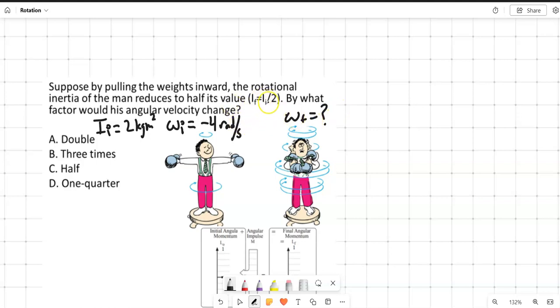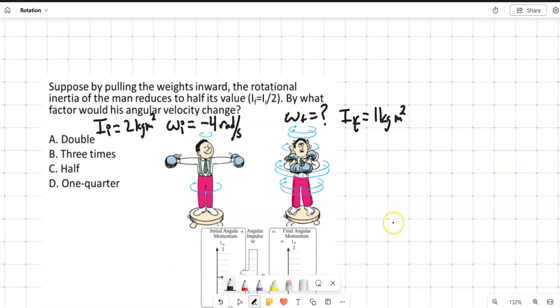When they bring their arms in, their final moment of inertia is going to be equal to half their initial, so 1 kilogram meter squared. Again, I'm just making up these numbers, but I am making sure that my negative is reflecting a clockwise spin using a right-hand rule.